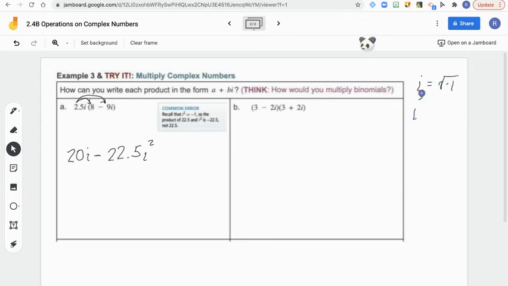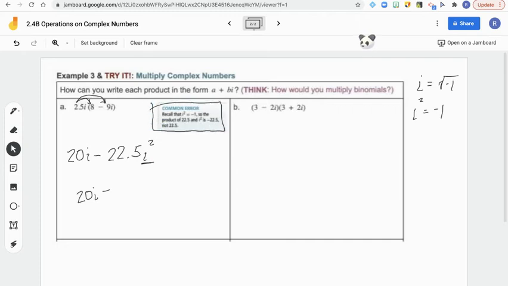Right? i squared, if I square that square root of negative 1, i squared is really the same as negative 1. All right, so we should never see anything bigger than an i in this spot because we can simplify it. Remember there's a little note right here on your notes as well that i squared is the same as negative 1.